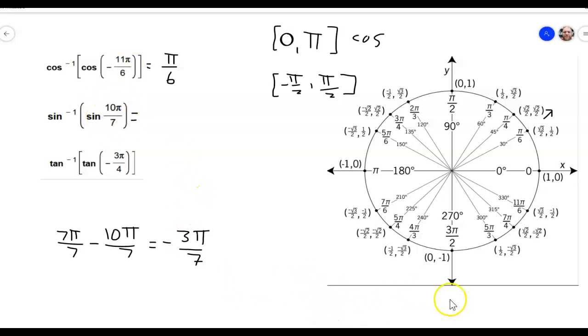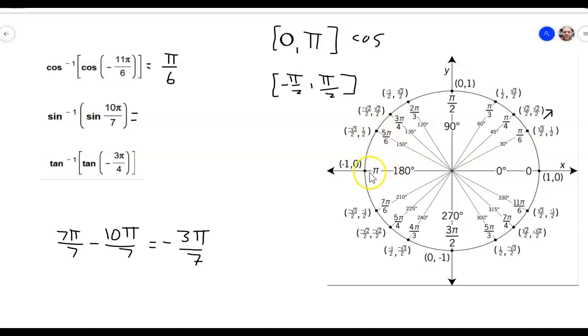That means, for example, if you notice that pi over 6 has the 1/2 here, and 5 pi over 6 also has 1/2 here as well, right? And if you have pi over 6, how can we get 5 pi over 6?